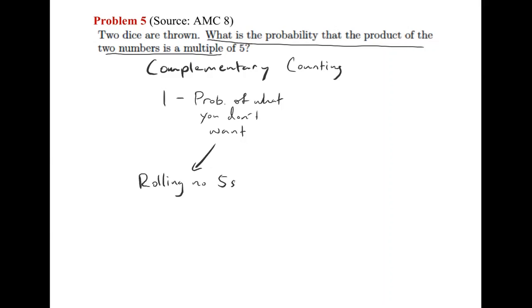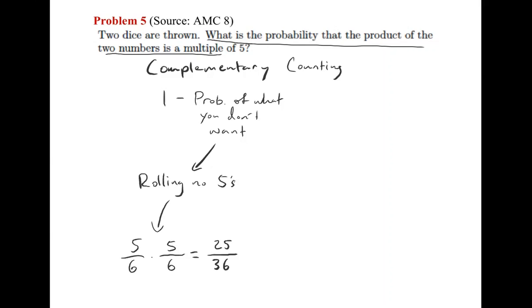So the probability of not rolling a 5, for each die, is 5/6. So the combined probability is equal to 25/36.